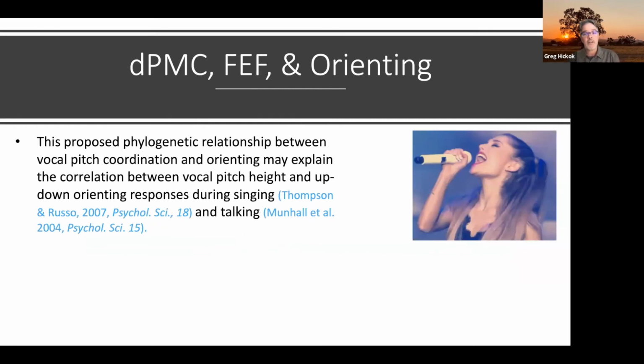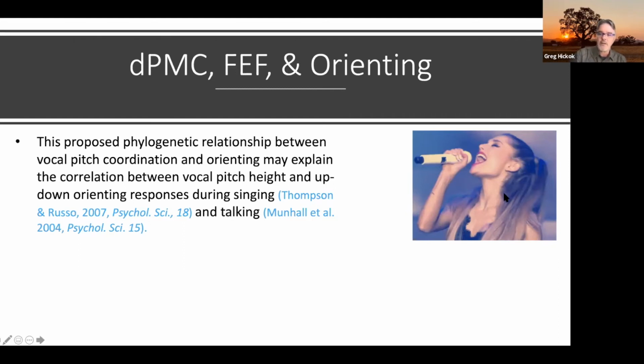This proposed phylogenetic relationship between vocal pitch coordination and orienting may explain the correlation between vocal pitch height and up-down orienting responses during singing and talking. So it turns out when you raise your voice, when you sing or talk, your eyebrows tend to go up. You tend to orient more in the up direction.